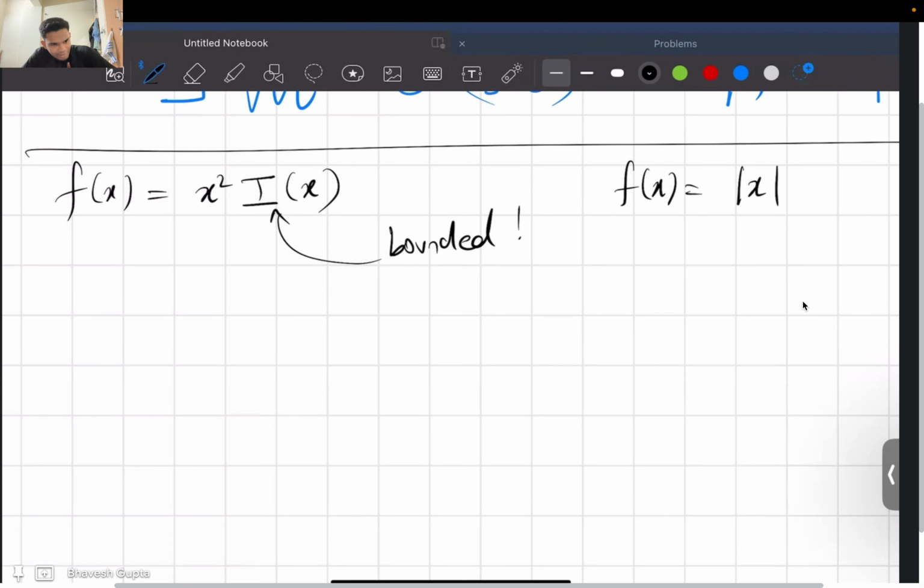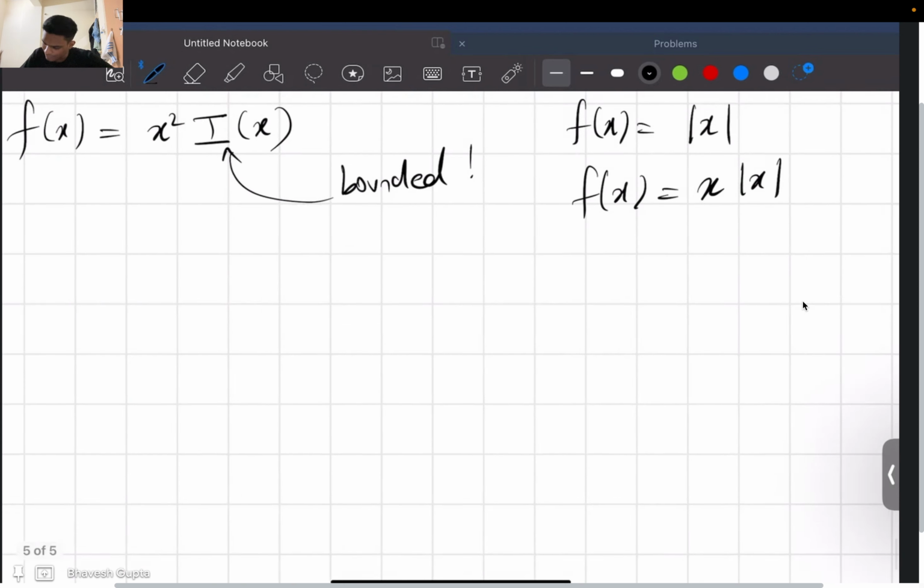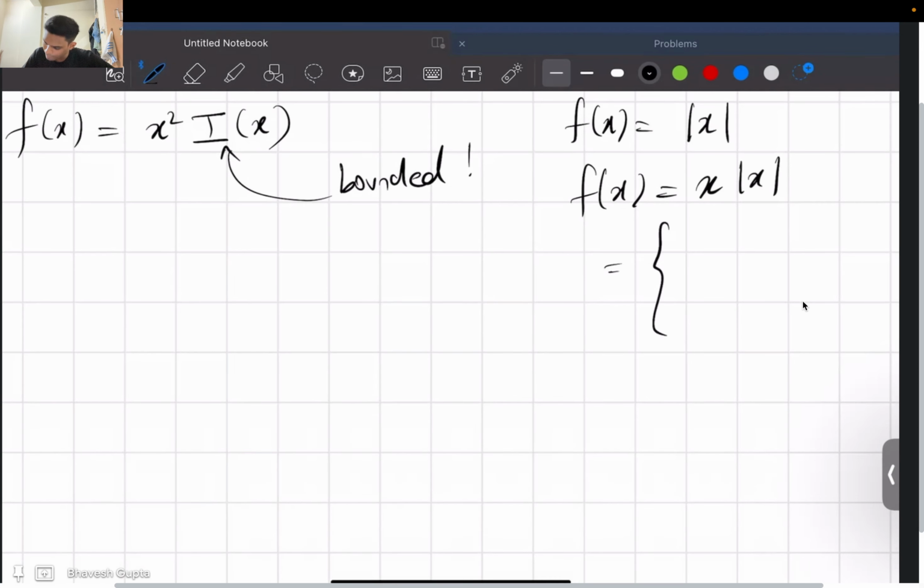So I can make that continuous by doing something interesting, and that is by multiplying it by x. That might solve my problem. Yes, sir. You can see that this will open up as x square minus x square. Can I do something better?